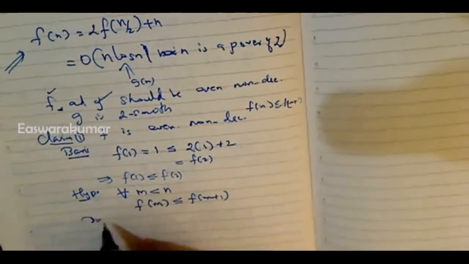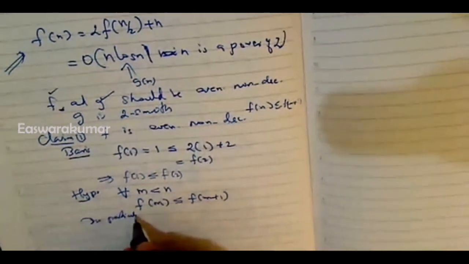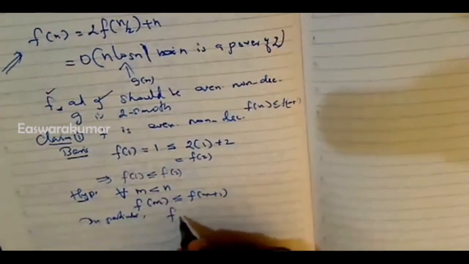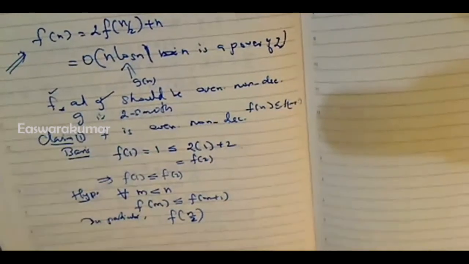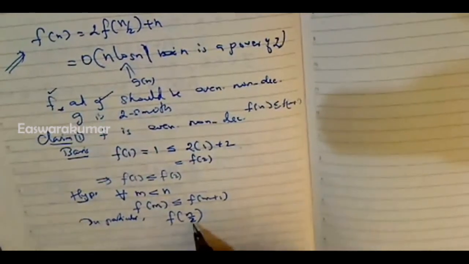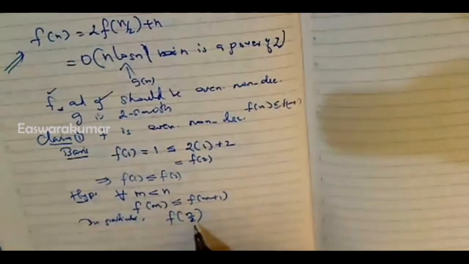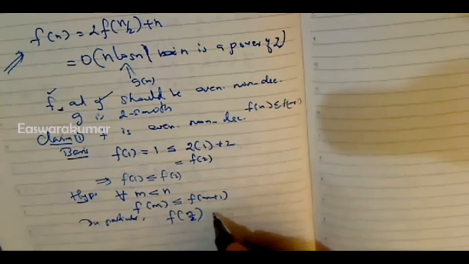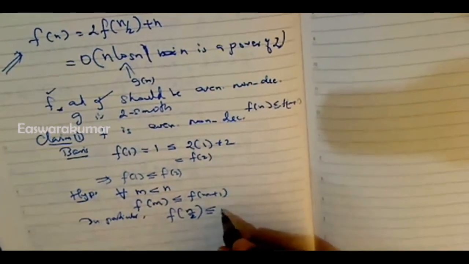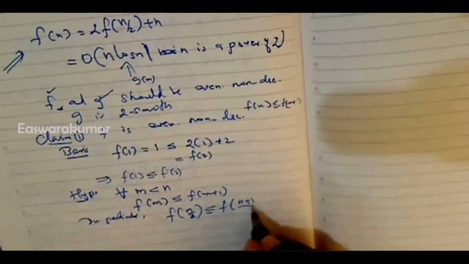In particular, we can always say that f of n by 2, this is required, that's why I'm telling f of n by 2. So n by 2 is less than n, right? Therefore, by the hypothesis, that will also hold good. So that is less than or equal to f of n plus 1 divided by 2.